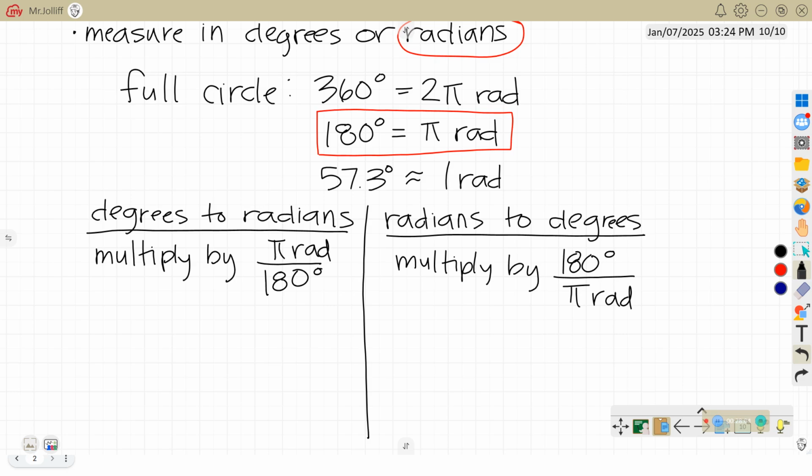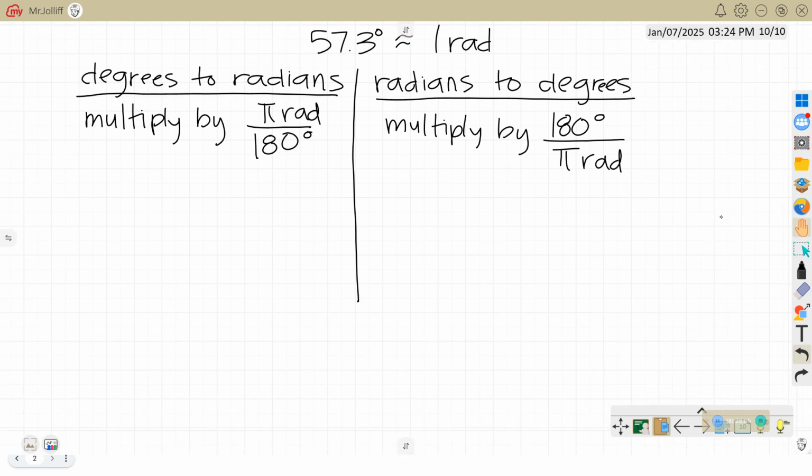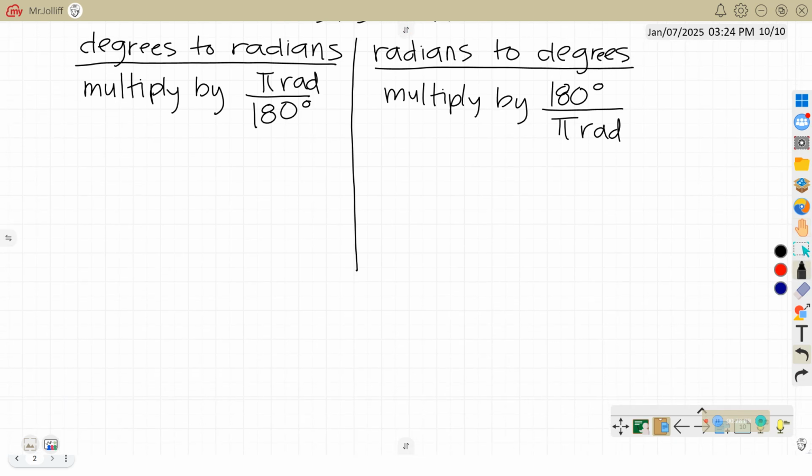I'm going to do a bunch of examples. I'm trying to be consistent here. Okay. So let's start with 60 degrees. I want to convert 60 degrees to radians. I know how to follow directions. It says multiply by pi over 180.